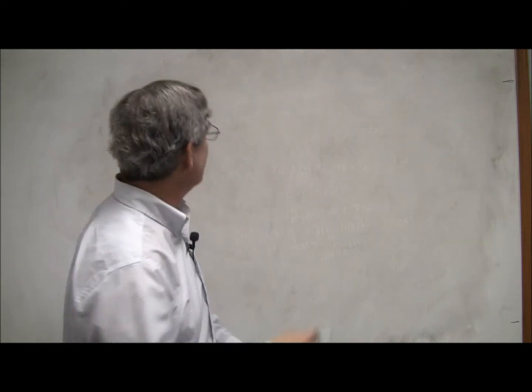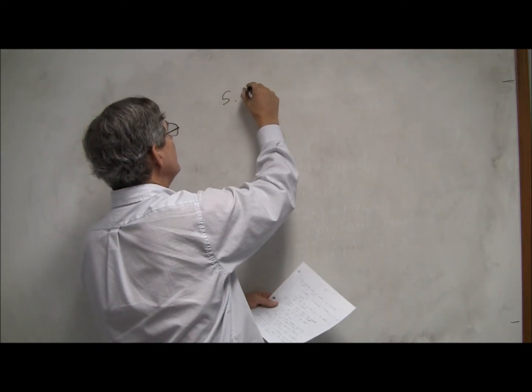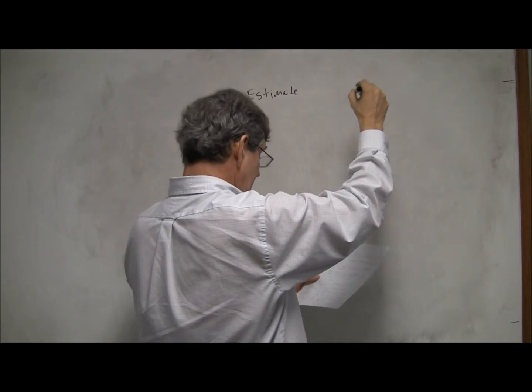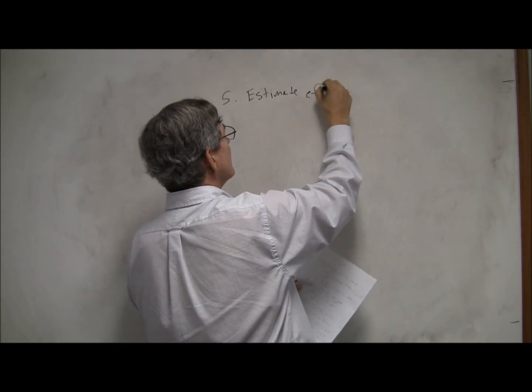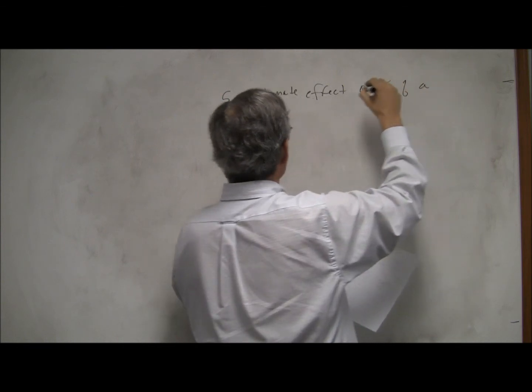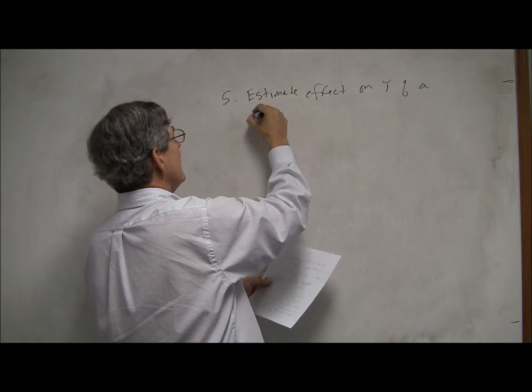And if you've done all that, yes, there are nonlinearities. Here's how I'm going to measure them. I tested them. They're significant. I checked. The model looks pretty good. Then finally, you can do like we did before. You can estimate the effect on y of a change in x.